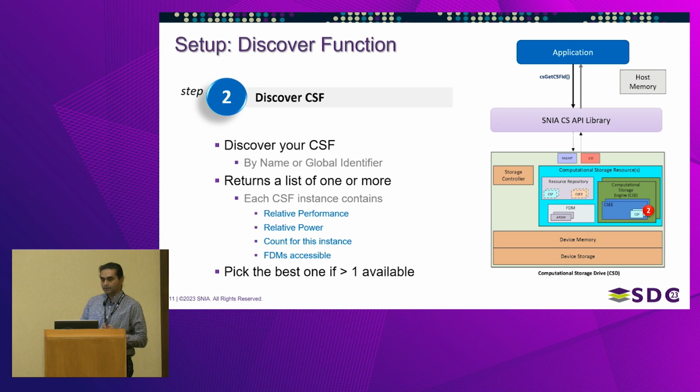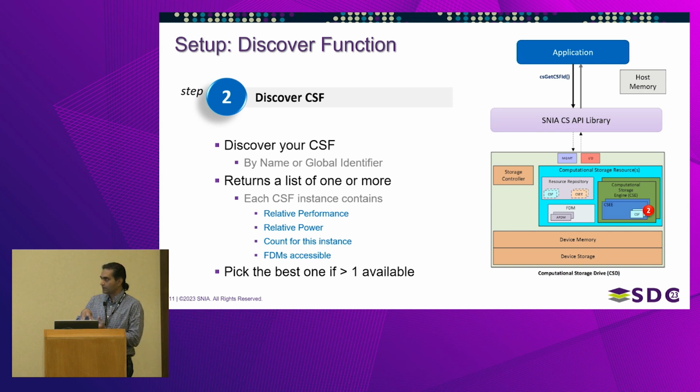So next one is you need to discover your function. So at SNIA, the way we define the APIs is we define the movement of data and the usage of it based on a function. And the reason we did that is from an application user's perspective, you're more interested in your application running or your function running, right? So everything is centered around the function.